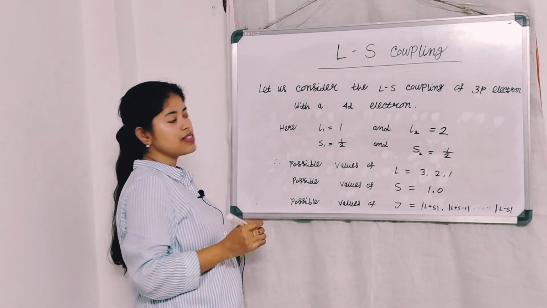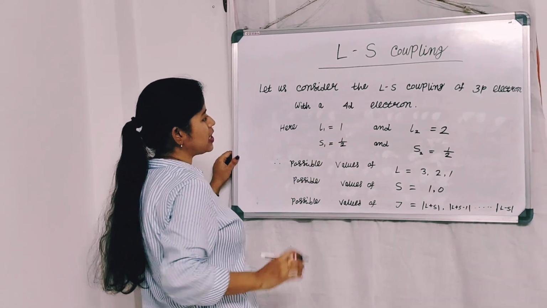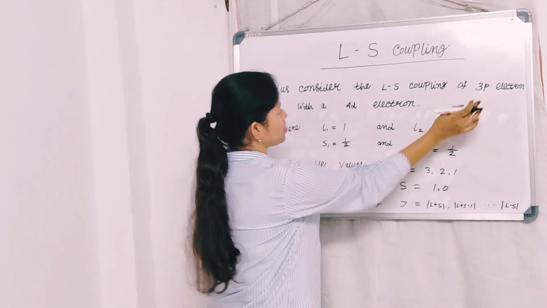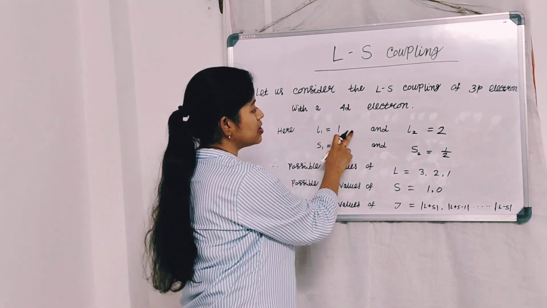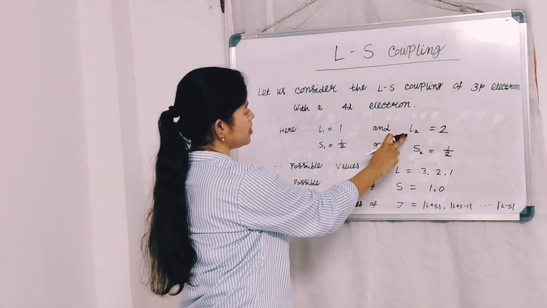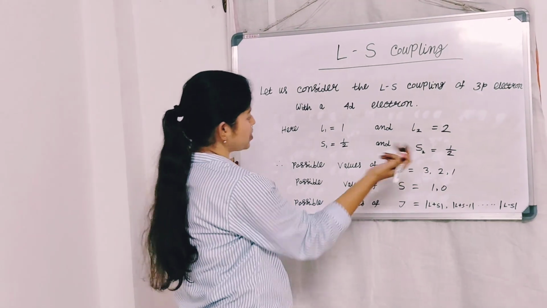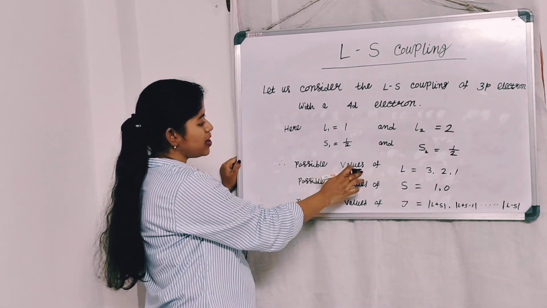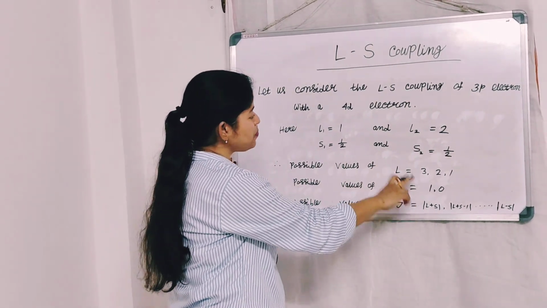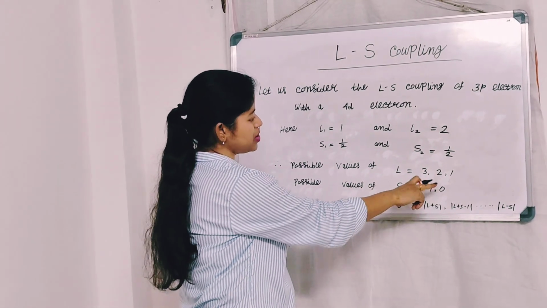Okay, so let us consider the LS coupling of a 3p electron with a 4d electron. For the 3p electron, the value of l1 is 1 because it is p, and for the 4d electron, the value of l2 is 2, and the value of s1 is 1/2 and the value of s2 is 1/2. The possible values of L are 3, that is 1 + 2 = 3, then 2, and 2 − 1, that is 1.